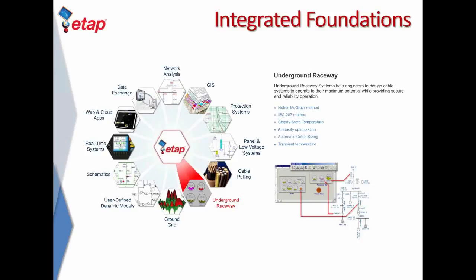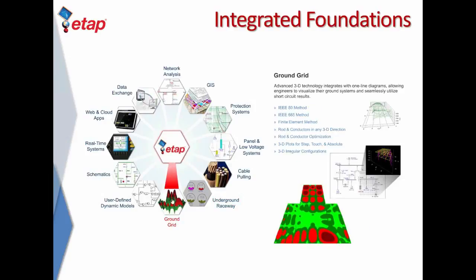You can model substation ground grid and integrate it with ETAP, where the program can be used to calculate line to ground fault currents, and based on that you can inject the current into the grid and understand the step and touch potentials using IEEE and finite element method.